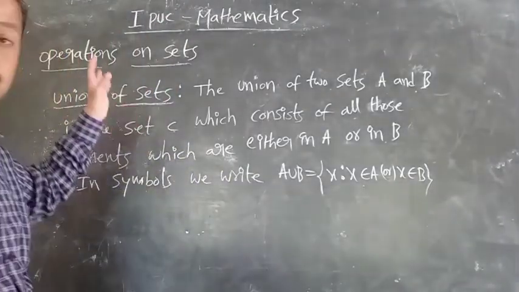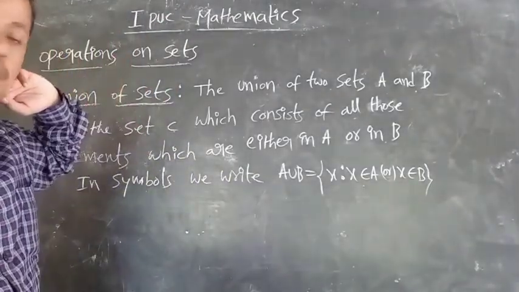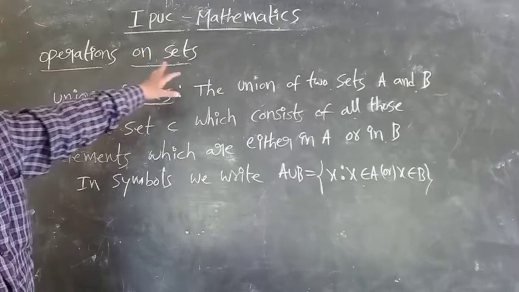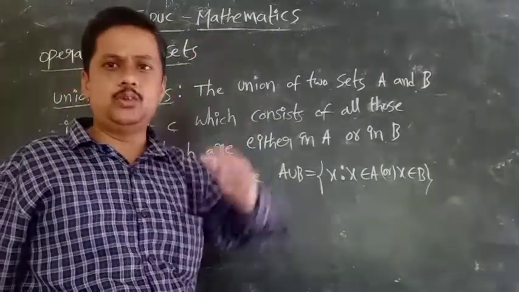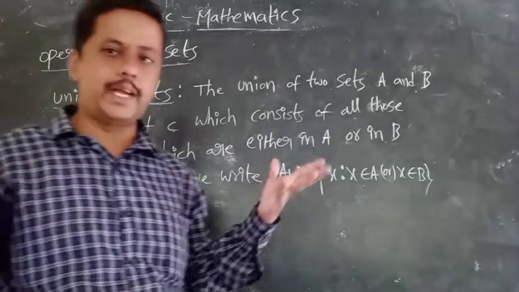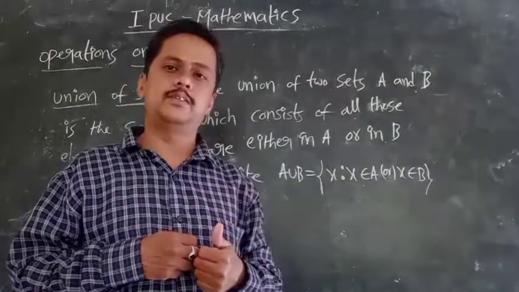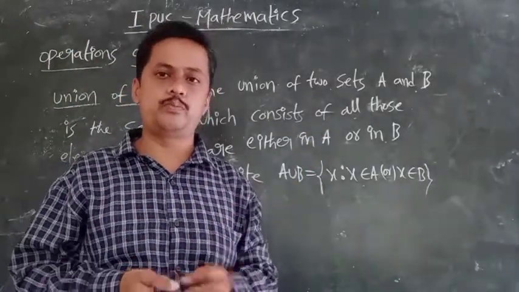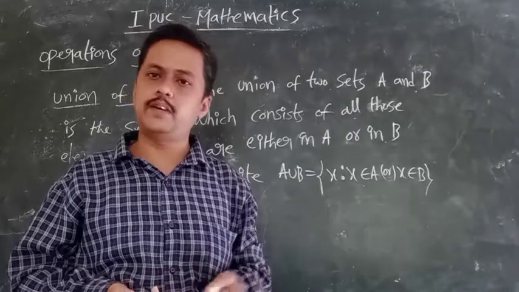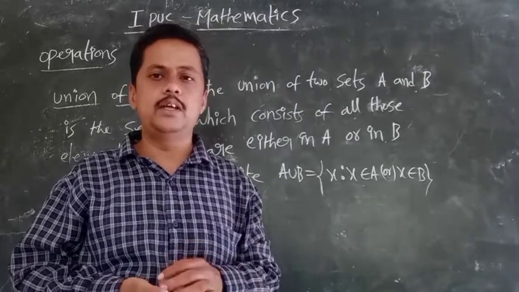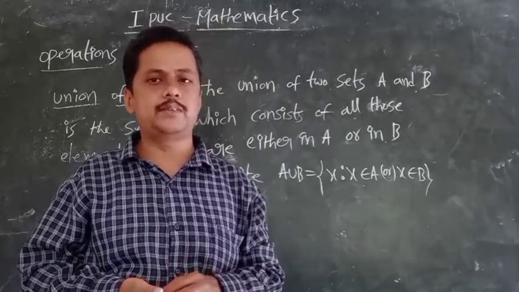Like that in sets also we have some operations. One is union of sets. We can combine the two sets. Then intersection of two sets, difference of two sets. We have different types of operations by using the sets.